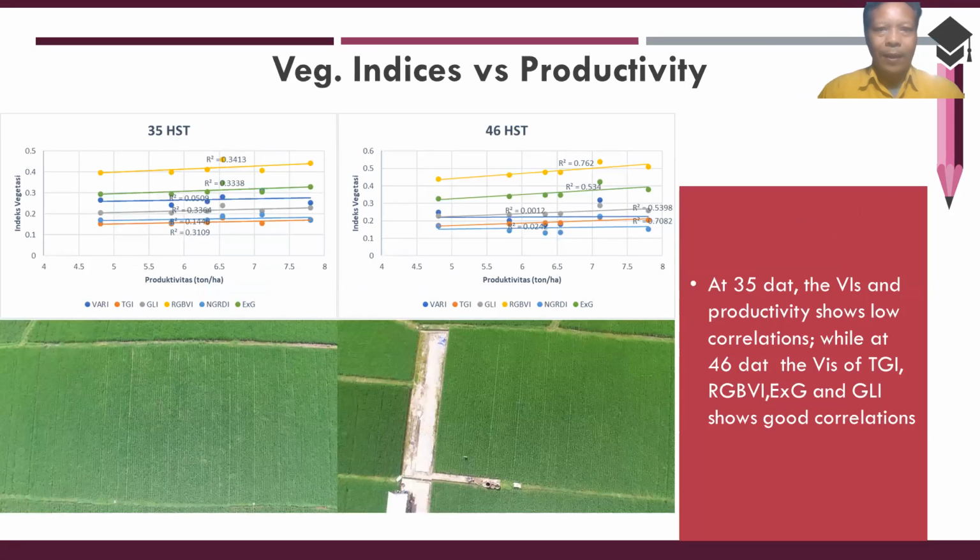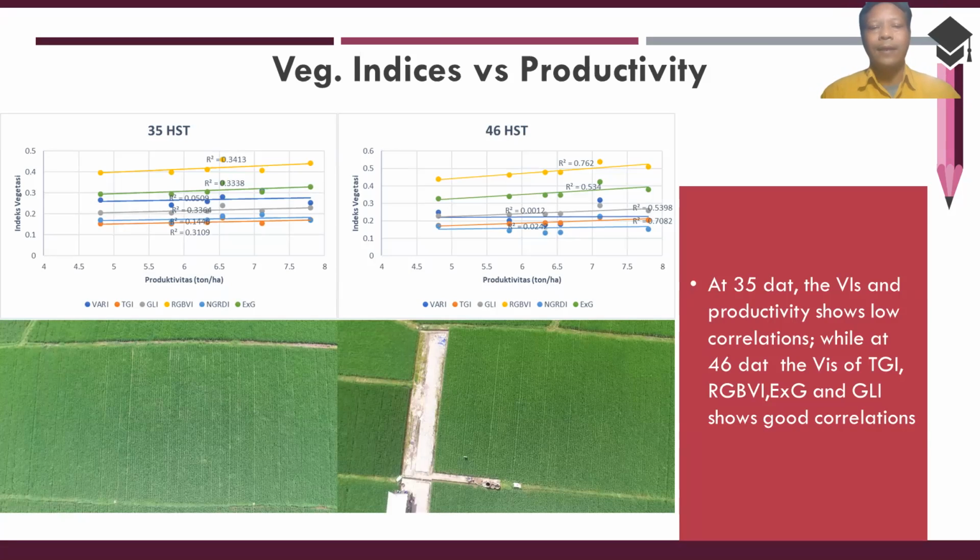Then about the productivity, we tried to measure the correlation between vegetation indices and productivity, and we found that in the early stage of crop growth, from the first 2 weeks, the indices are not correlated well with the productivity.